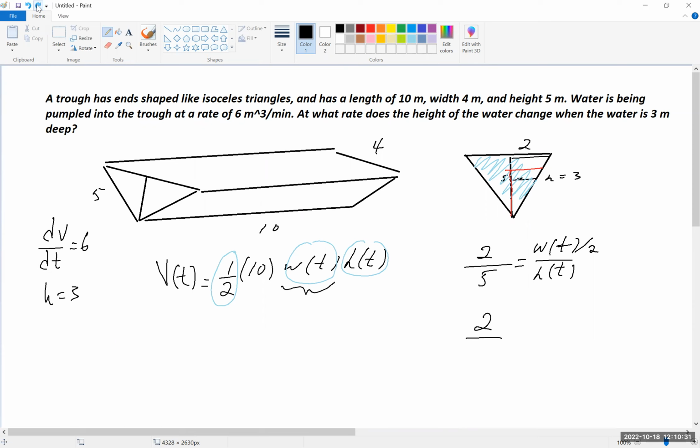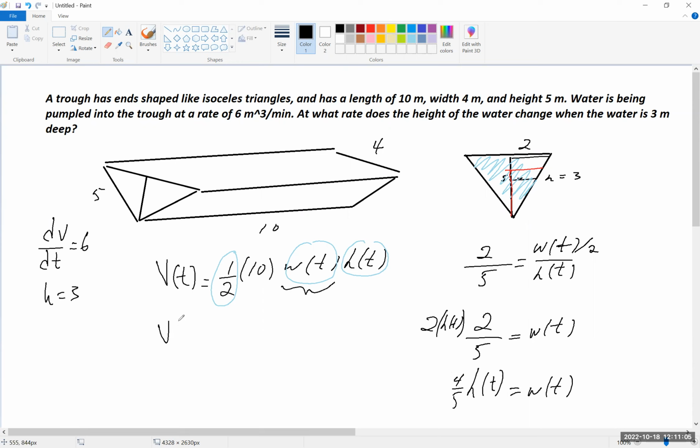What we're going to do, we're going to copy the left side, but we are able to multiply both sides by 2h of t, which allows us then to isolate w of t. And our final answer is that w of t is 4/5 h of t.